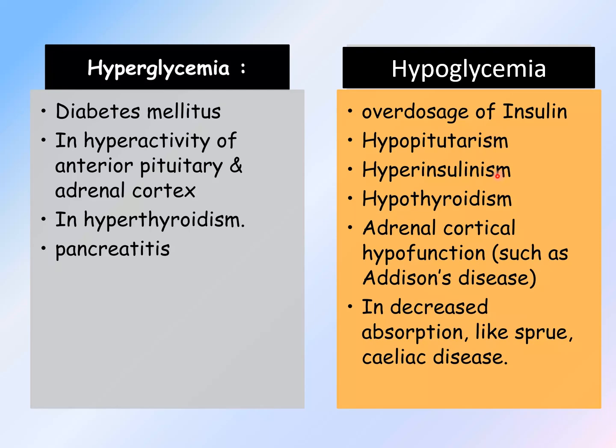The case history, as well as what injections they are taking, the milligrams, the concentrations, everything is very important for you. Also hypopituitarism, hyperinsulinism, hypothyroidism, adrenal cortical hypofunction such as Addison disease, and decreased absorption like sprue and celiac disease. These are the terms you should cover for regulation of blood glucose.